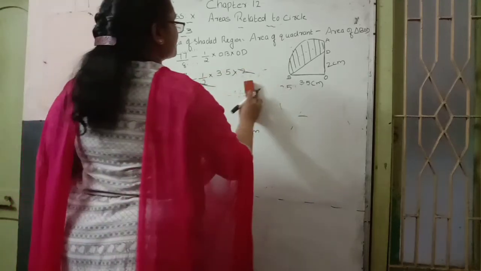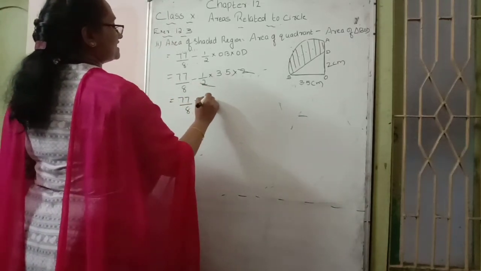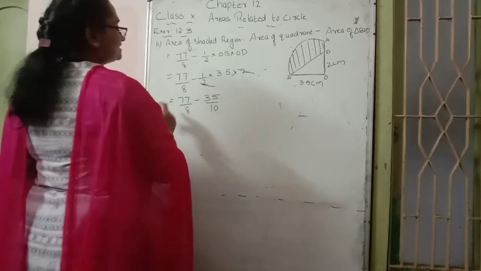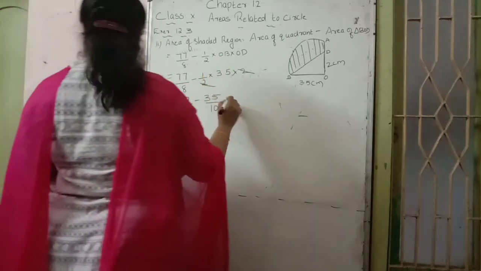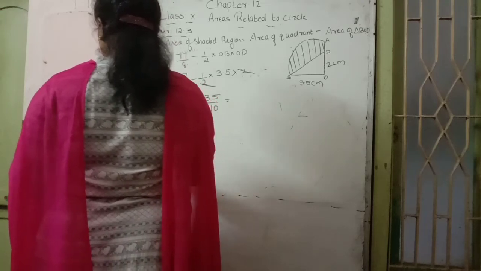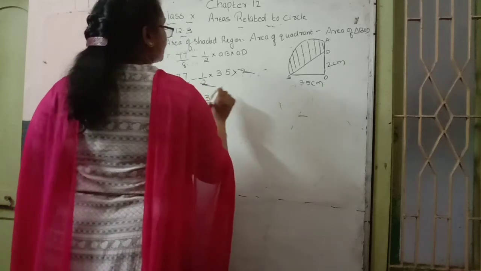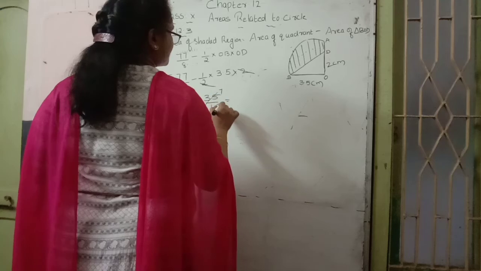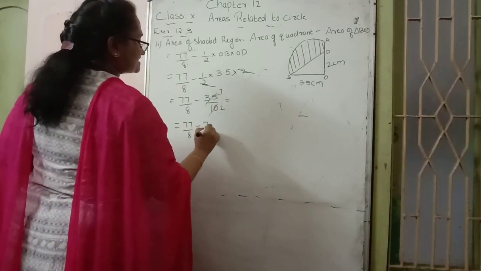They cancel. After cancelling, the final answer becomes 77 by 8 minus, with a decimal point. How to remove it? Divided with 10. Then just do the calculation for the final answer. Here 5 table 35, 7 times 2, so we get 77 by 8 minus 7 by 2.